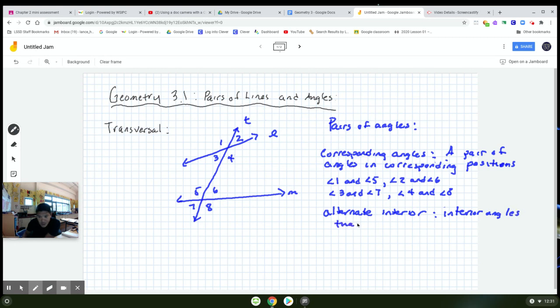So a pair of interior angles that actually are adjacent are 3 and 4. They can't be alternate interior because they have to be non-adjacent. On opposite sides of the transversal.